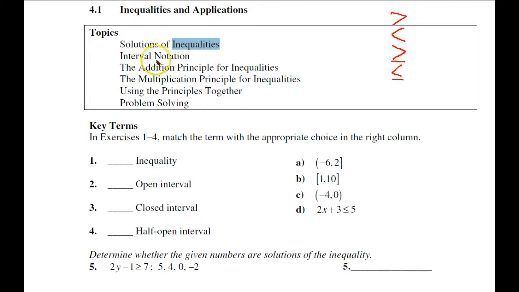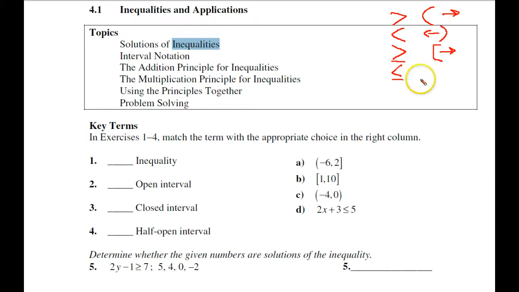Now we're also going to look at interval notation again, where while we're here, the signs for that were greater than was a parenthesis facing to the right. Less than was a parenthesis facing to the left. Greater than or equal to was a bracket facing to the right.